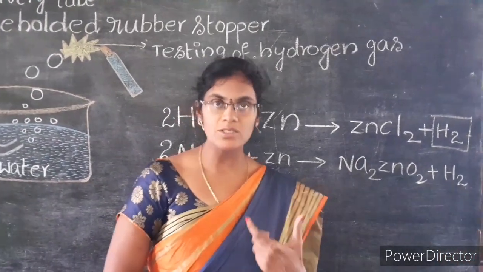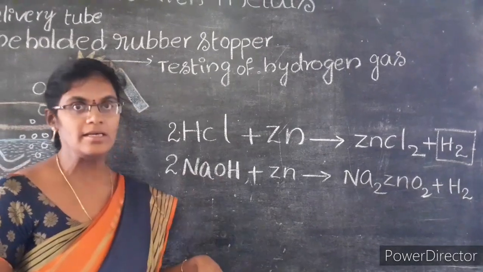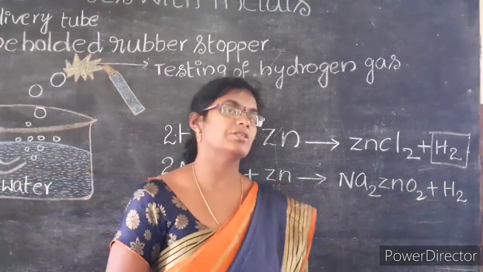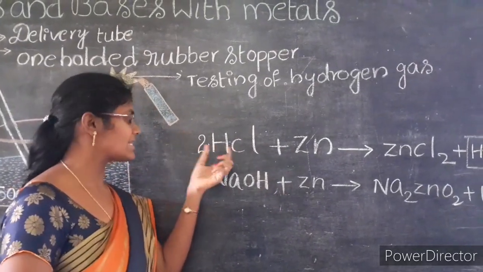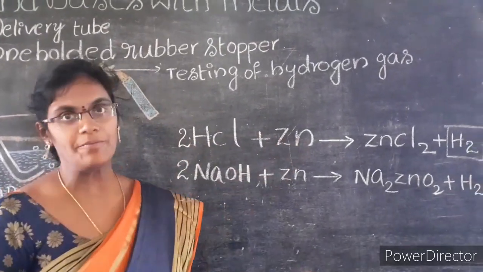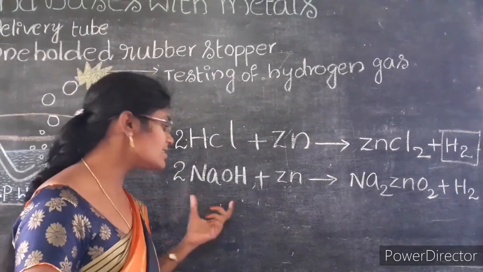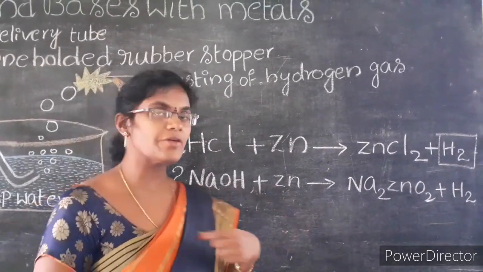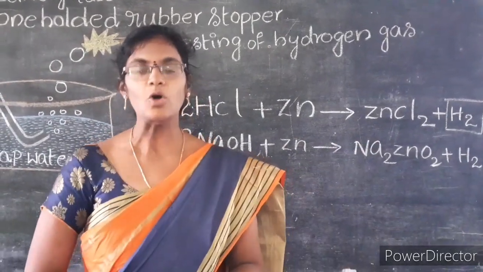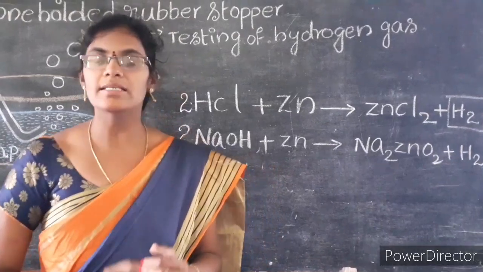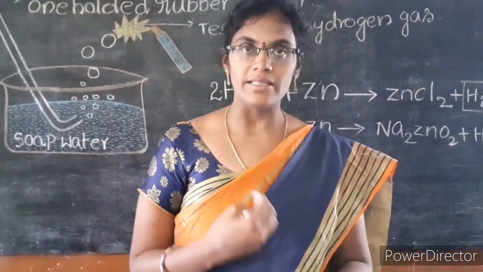Okay, with few metals only. When few metals react with NaOH or bases, then only they will produce hydrogen gas. But in the case of acids, when acids react with any metal, they give hydrogen gas. But with bases, when they react with a few metals, then only they will give hydrogen gas, not with all metals. This is your lab activity and activity 3.